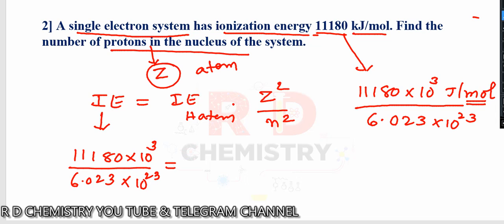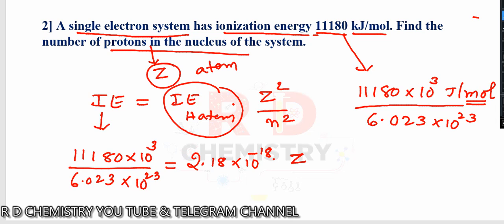Now we have to calculate for per atom. Previously I said there are different quantities: electron volt per atom, joule per atom. So now we want joule per atom. So it is 2.18 into 10 power minus 18 into Z square, which you have to calculate, divided by n square. For a single electron, which shell is it in? What do we mean by ionization energy?